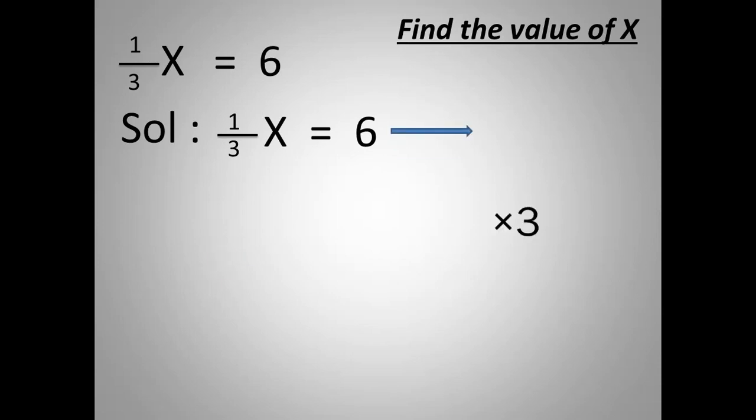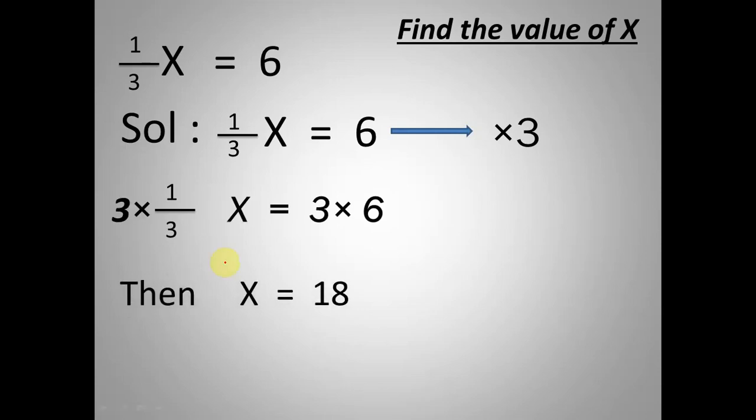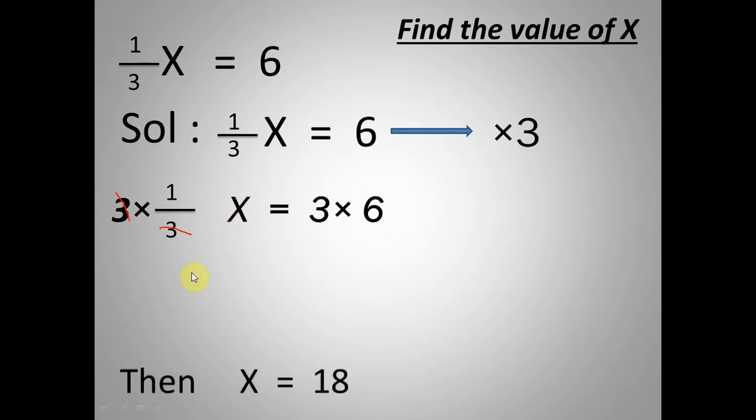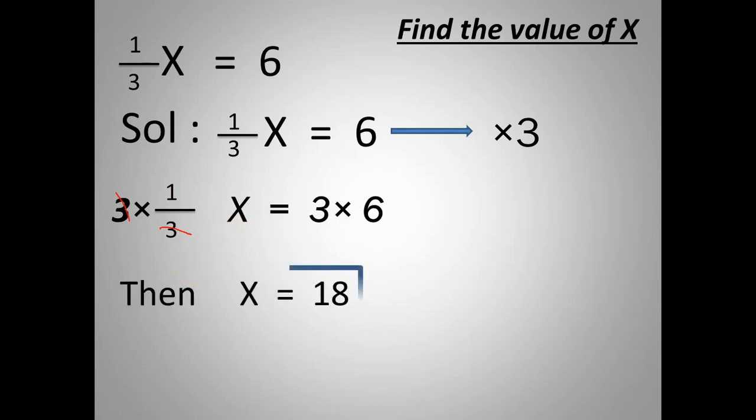We will multiply by 3 on both sides. 1/3 x times 3, and on the other side 6 times 3. Cancel 3 with 3. Remember 1 times x is equal to x, and 3 times 6 equals 18.